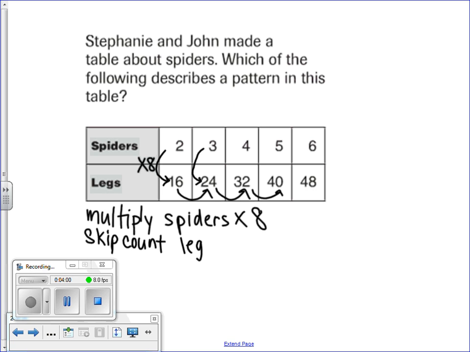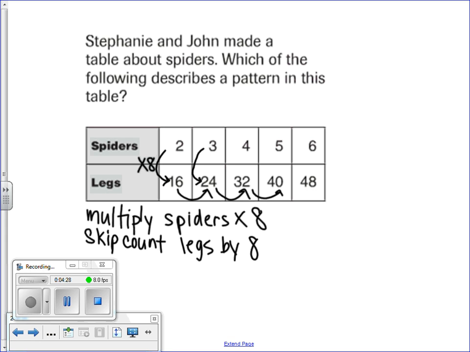legs by 8, or who can use an operation word to describe what we're doing along the bottom there? So is it add, subtract, multiply, or divide by 8? Christina? Multiply by 8? No, because if I do 16 times 8, it's not going to give me 24. Kyle? Divide. Nope.